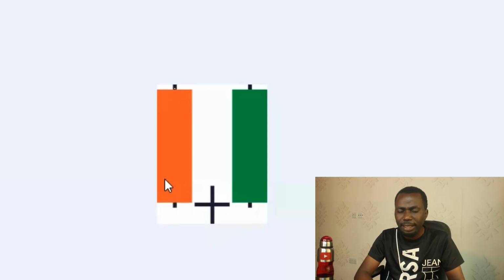So the morning star has 3 candles, right? 3 candles are what we use to form the morning star, while bullish engulfing uses 2 candles and the hammer uses 1 candle. So here is an example of the morning star. Like I say, the morning star uses 3 candles to form the pattern. And like I say, this must be identified at an area of value, which is a support level.